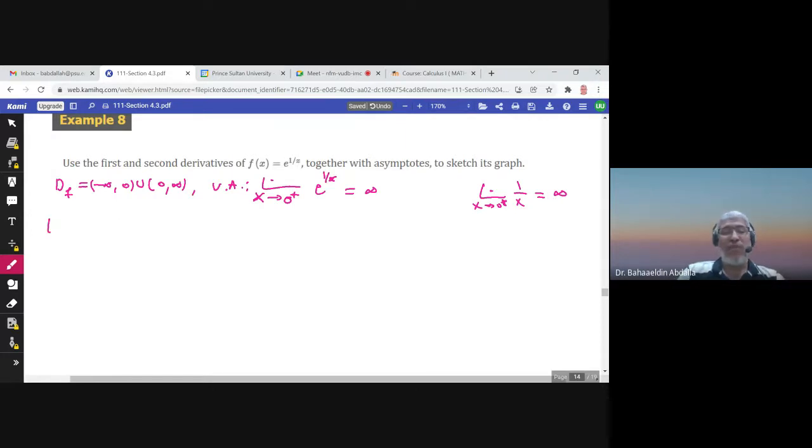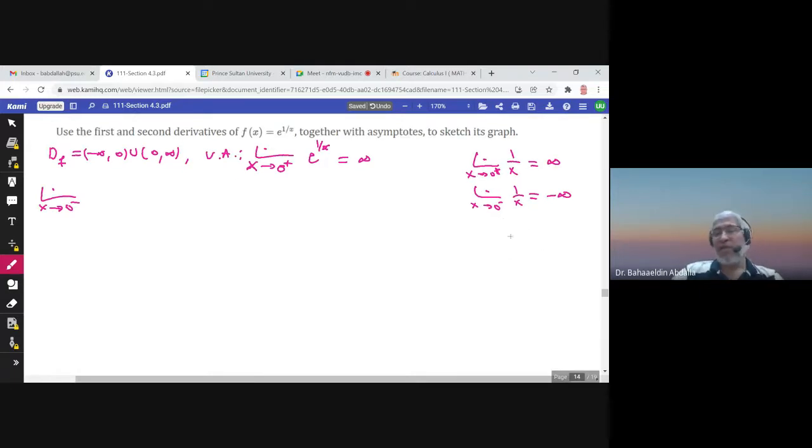But when I find the limit of 1 over x when x approaches 0 from the left, 1 over 0 is infinity, but it could be negative infinity. When I replace x by a number less than 0, like negative 0.1, I notice that the sign is negative, so the limit of 1 over x is negative infinity.